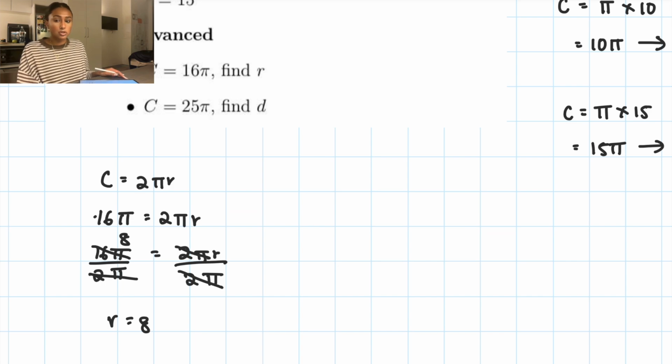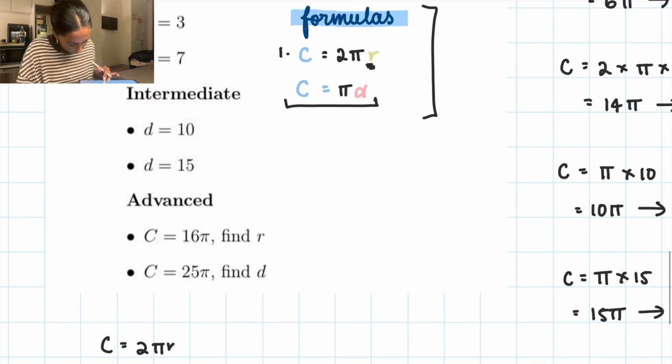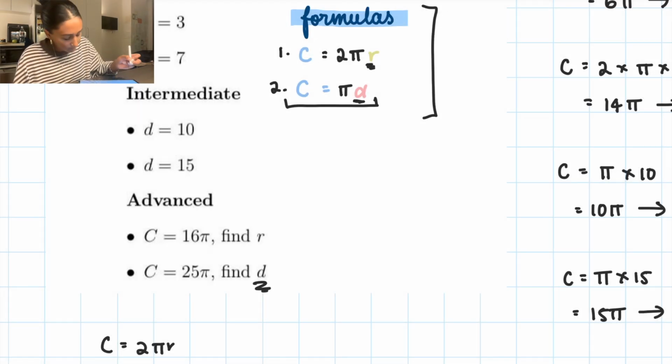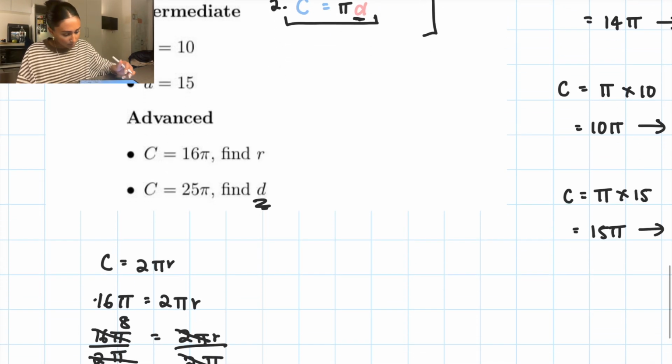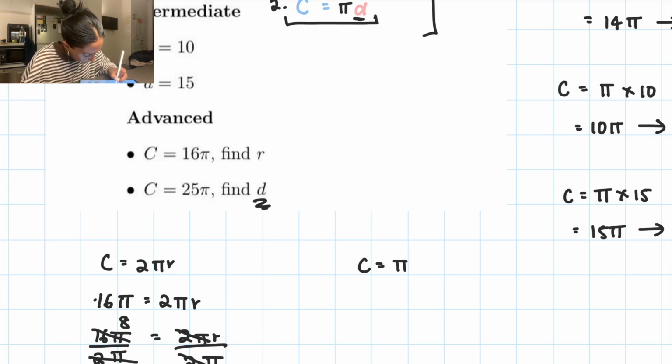So that one was a little bit tricky, but with a lot of practice, they become really easy. So moving on to the last one, we're going to be using the second formula because you're looking for the diameter, and it's got diameter in the formula. So C is equal to pi times the diameter.